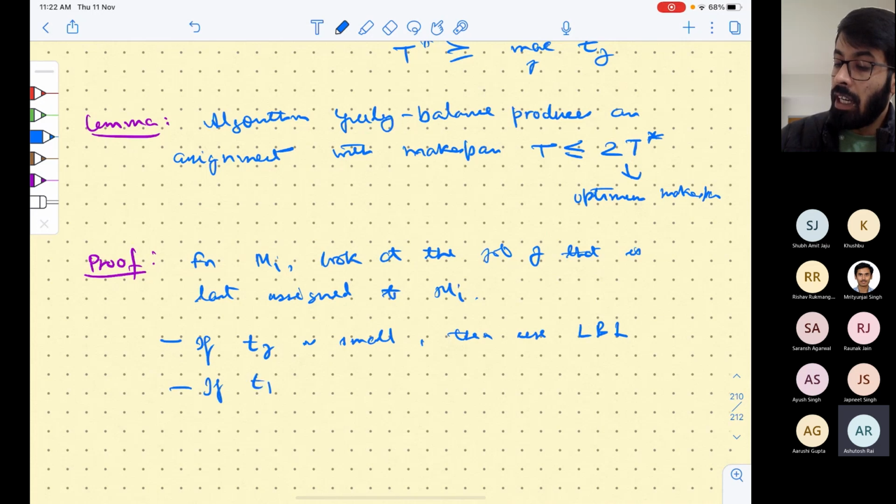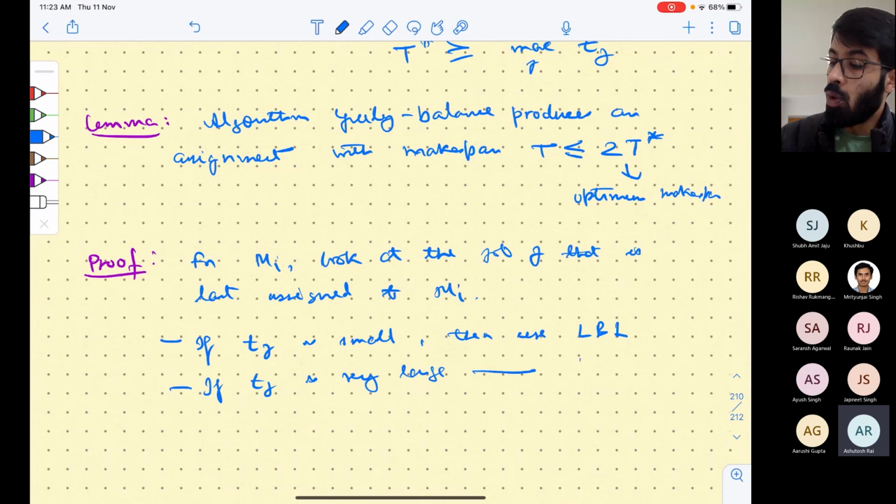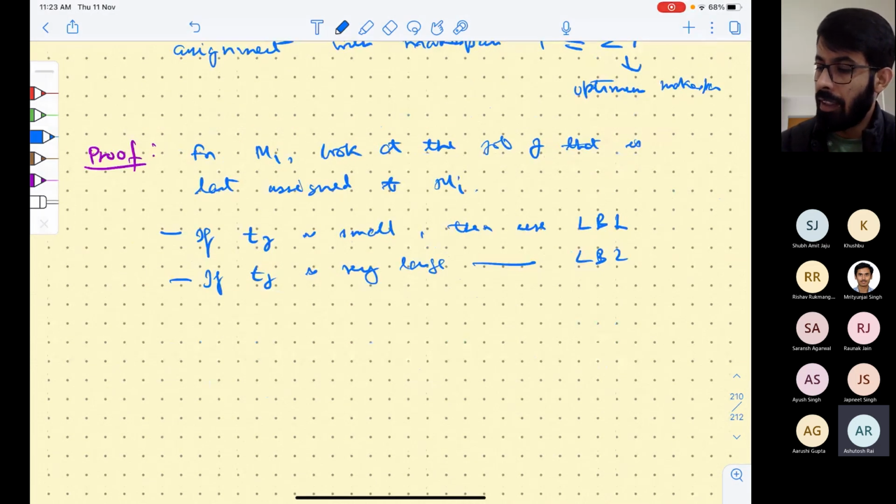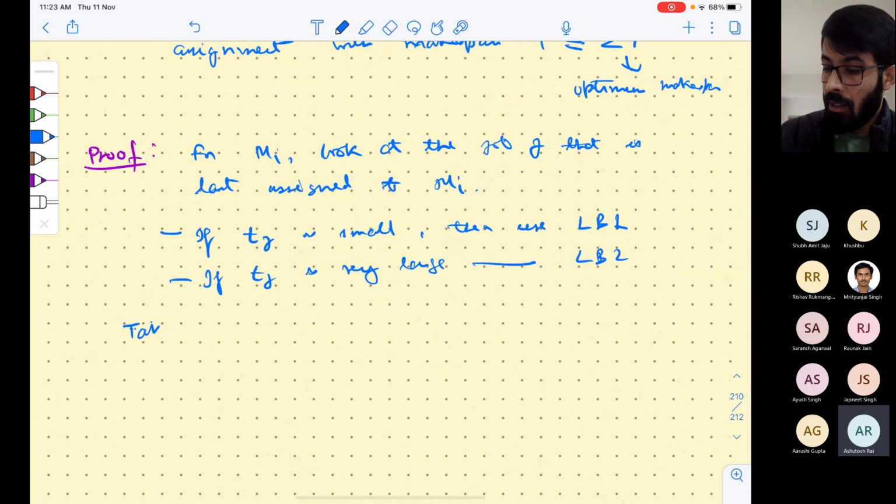And if Tj is very large as compared to other jobs, then use lower bound 2. If Tj is small, then all the jobs are small, and whatever we are achieving is not very far from the optimum, because we have a sort of average as a lower bound. And if Tj is very large, then it itself will determine that what we have is not too much. But let's take any machine Mi.